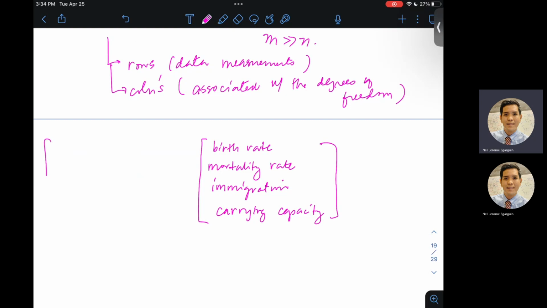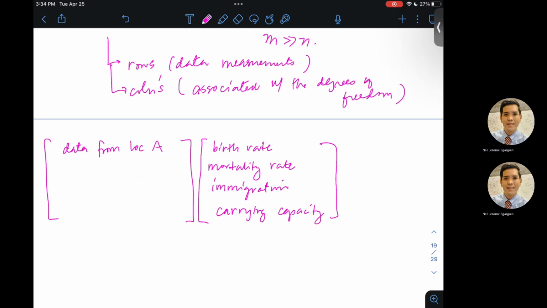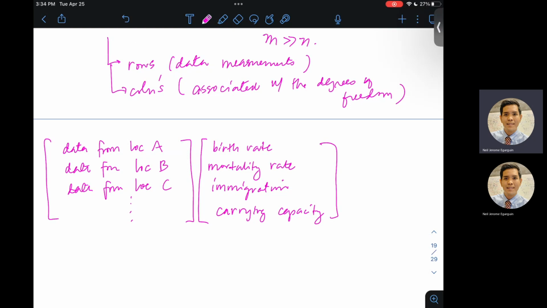So for instance, you will collect data from, say, location A, data from location B, data from location C, and so on, right?